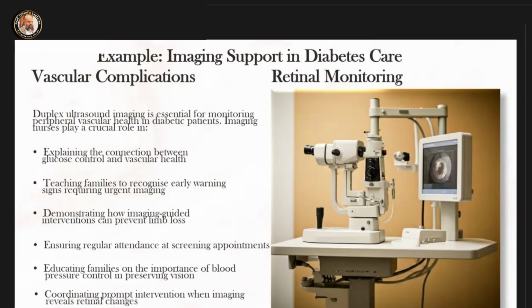The UK's diabetic retinopathy screening program has reduced diabetes-related blindness by 70% through regular retinal imaging.